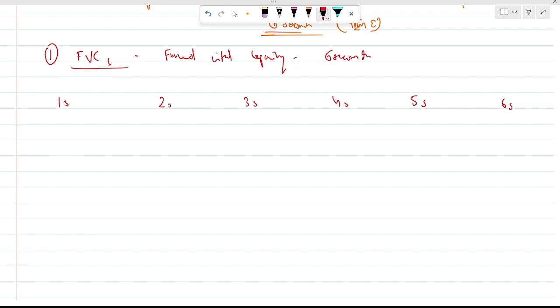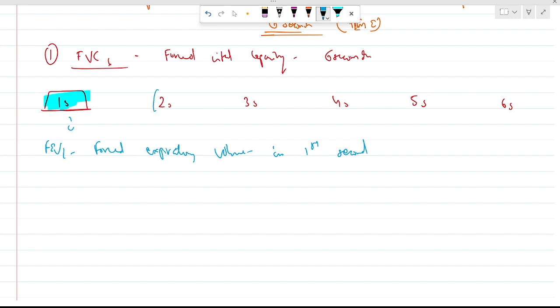Now we need to calculate FEV1, forced expiratory volume in the first second, so we need to focus only on the first second.